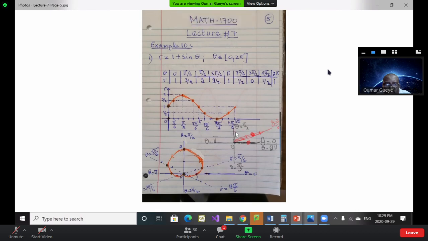Let's say this is 1 unit, and the second one is going to be somewhere here, 2 units. So I'm going from this point up to here. What I did so far is the first point, the second point right here, and the third one. For the fourth one, theta equals 5 pi over 6. It's going to be here.